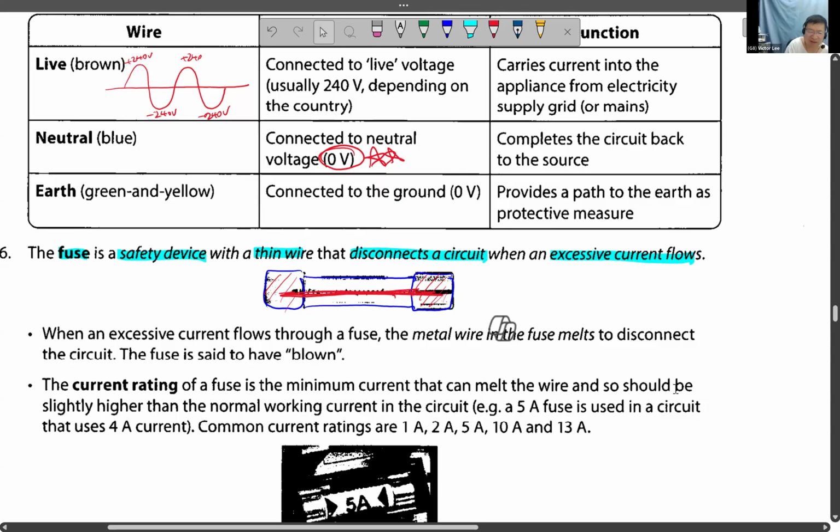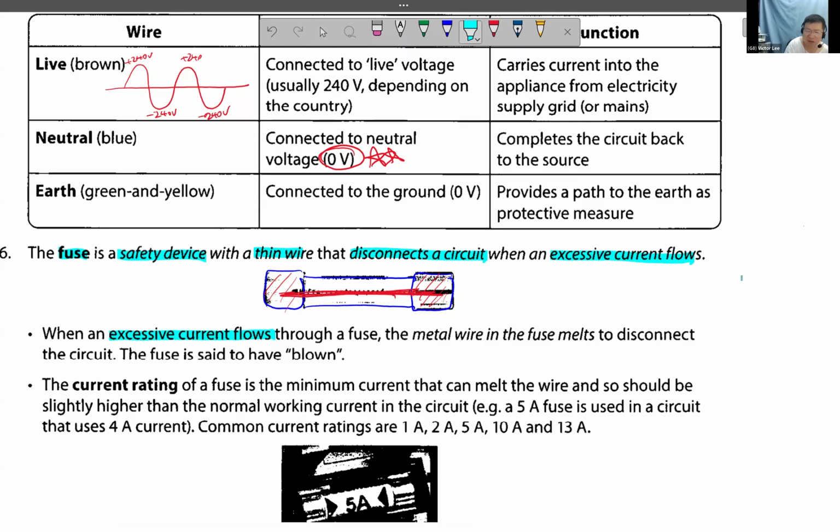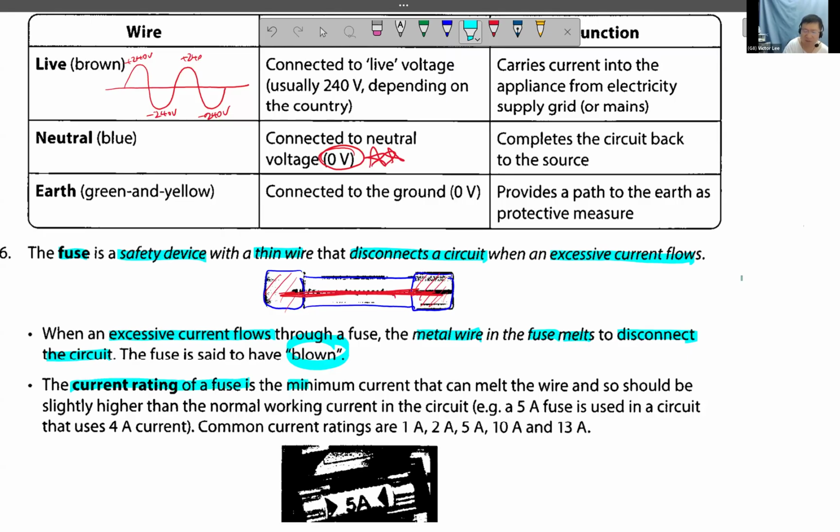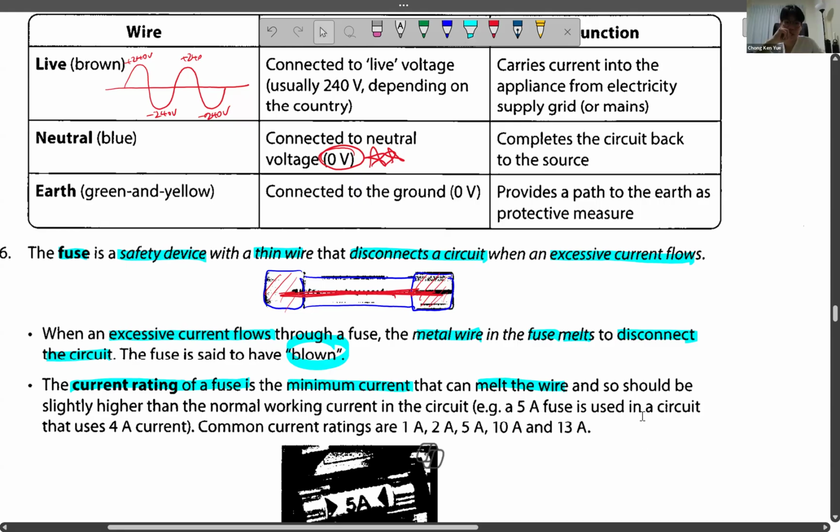When excessive current flows, the metal wire in a fuse melts and then disconnects the circuit, and we say that the fuse has blown. So what's the current rating of the fuse? It is the minimum current that will melt the wire. In other words, it must be higher than the operating current.